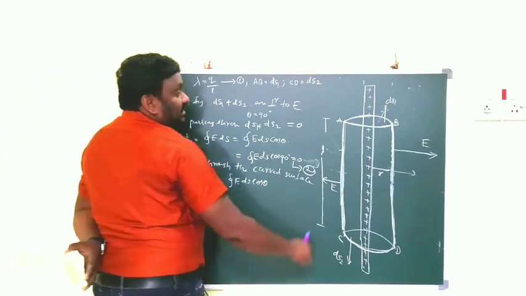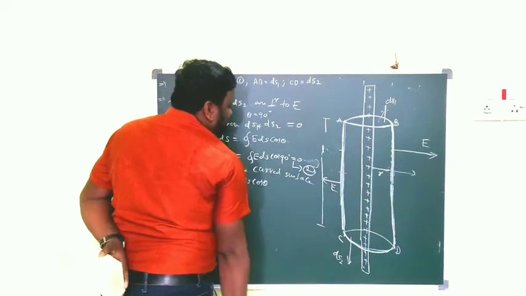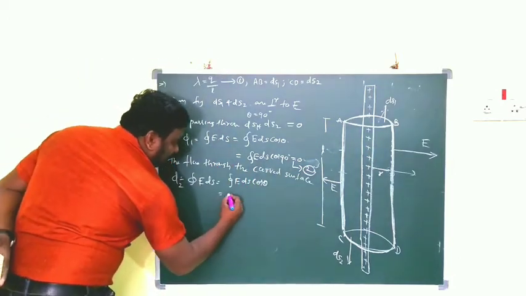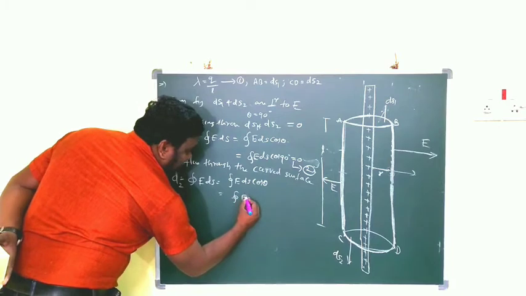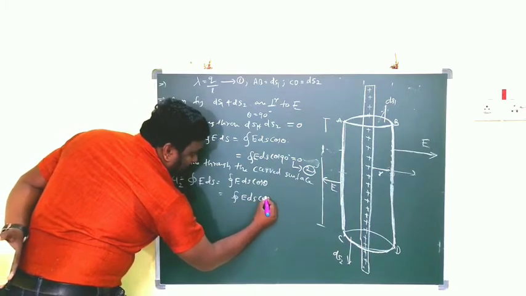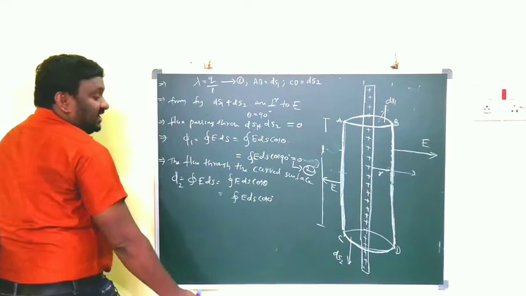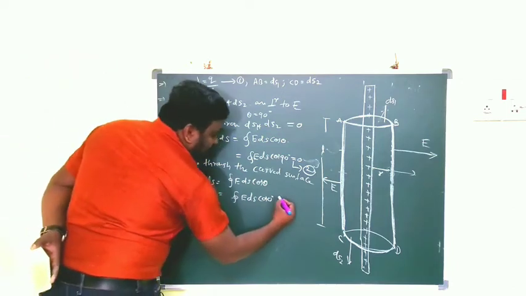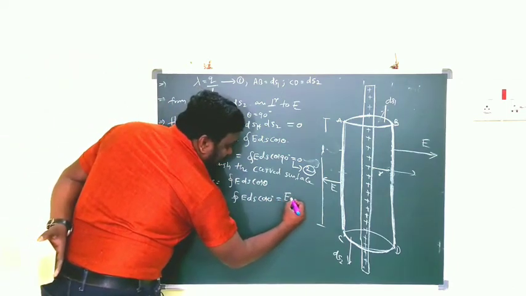The curved surface and E are both in the same direction. When both are in the same direction, the angle is 0, then cos 0 degrees is 1. That's why we get E into the closed integral of ds.